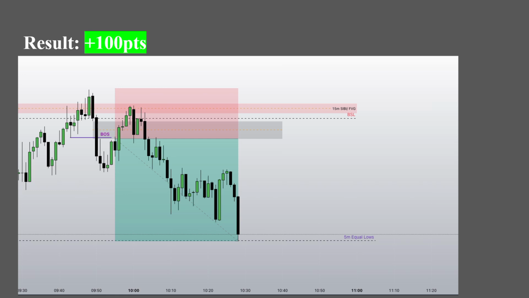This is another example of it. Price went through the PD array we entered upon and still dumped to our target. Once you enter, you set your levels, you don't touch a thing after.